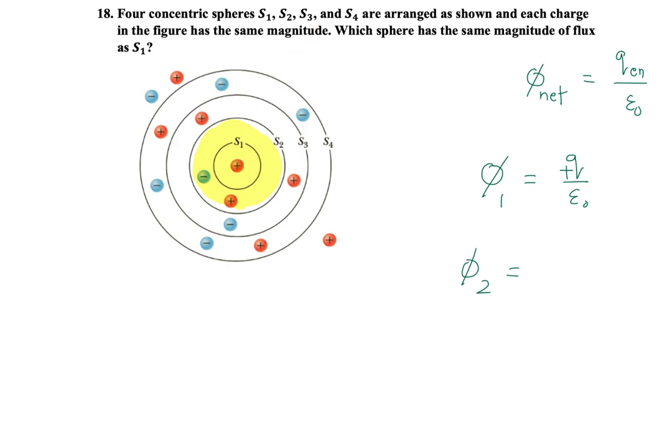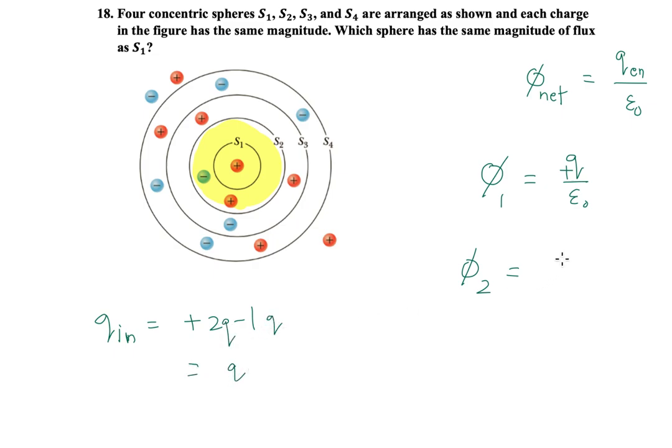So you have 2 positive charges and 1 negative charge. The total Q enclosed, or Q in, will be plus 2 minus 1, which is equal to Q.